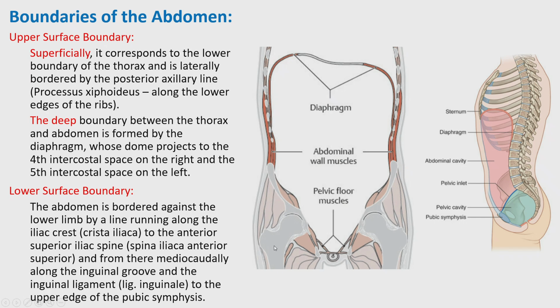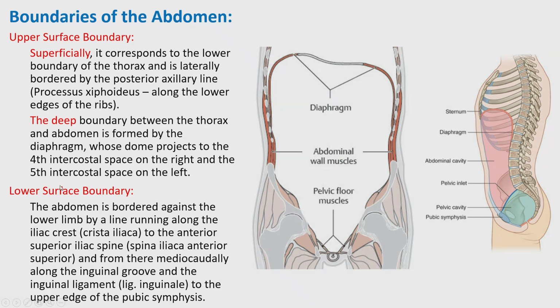But the lower surface of the abdominal cavity is against the lower limb. So there are lines going from the iliac crest to the anterior superior iliac spine, and then going as the inguinal groove and separating, as the inguinal ligament, the lower limb from the abdominal cavity, and in the midline is the upper edge of the pubic symphysis.